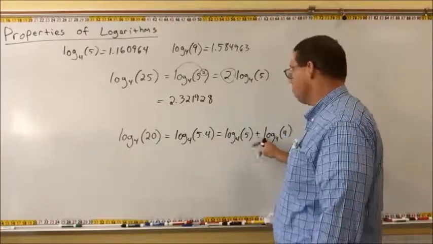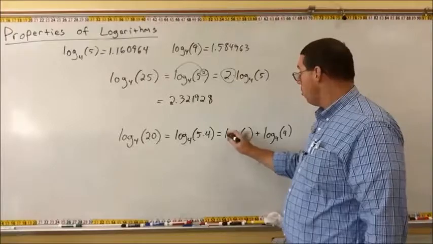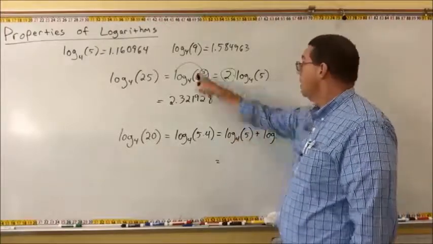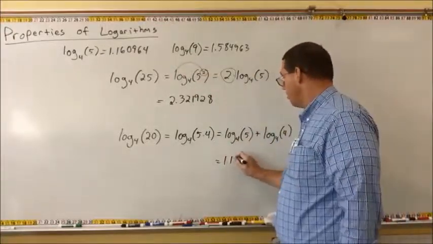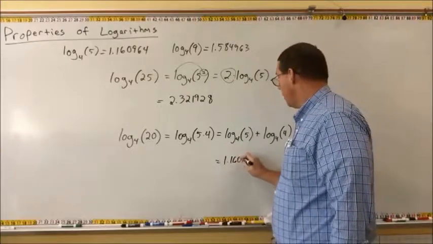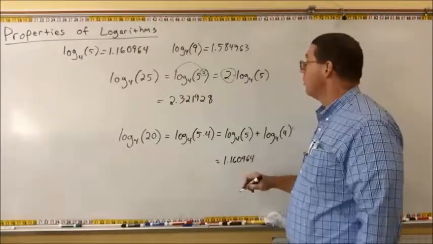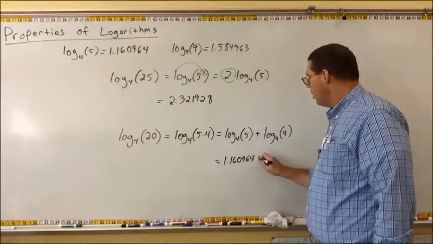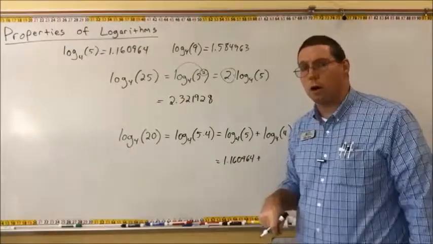Because multiplication turns into addition. And we know log base 4 of 5. That's up there. That's 1.160964, right?